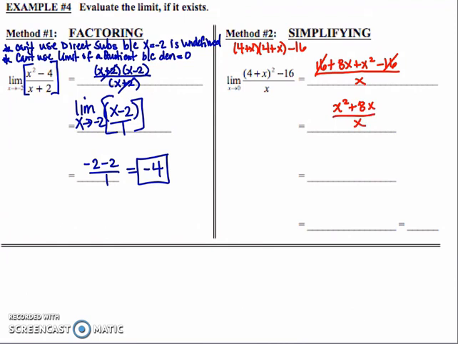And then we could factor an x out of the numerator. If we do that, we end up with x times x plus 8 over x. Now we can cross out that factor of x that is the problem. So now we are able to do the limit as x approaches 0 of x plus 8, which gives us 0 plus 8, which gives us 8 for our answer.